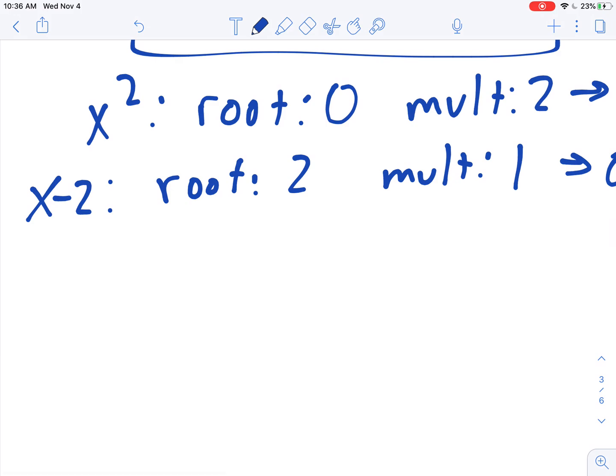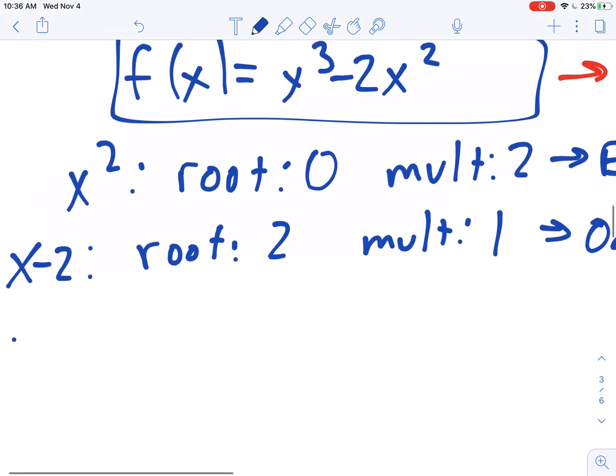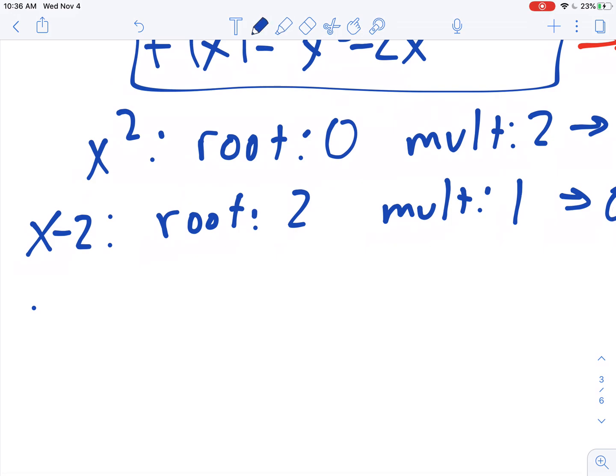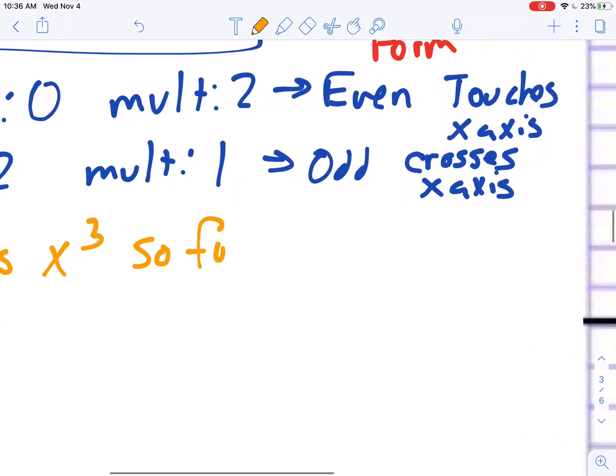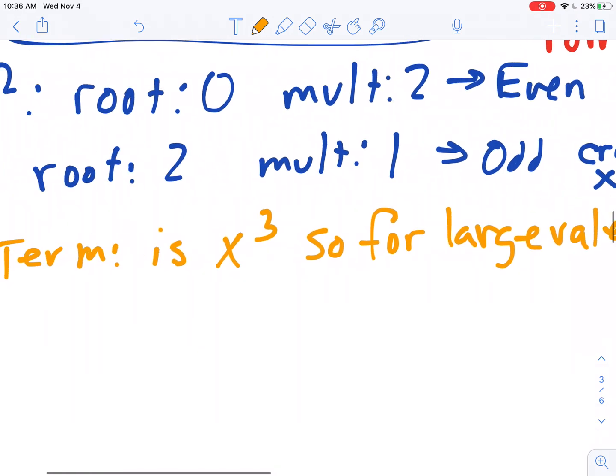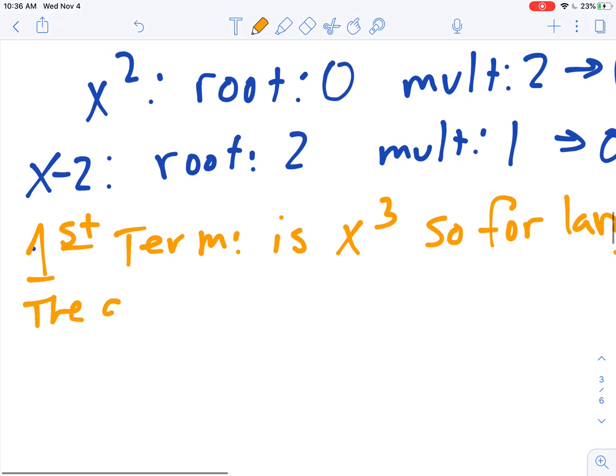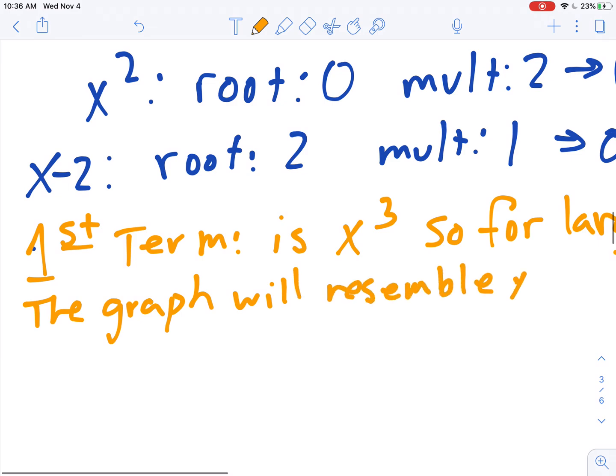The graph of f of x, its first term is x cubed. So for large values of the absolute value of x, the graph will resemble x cubed.